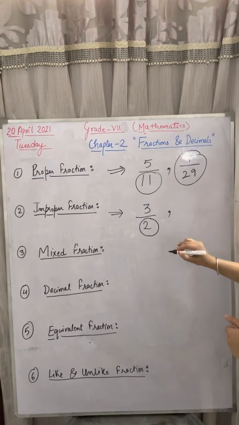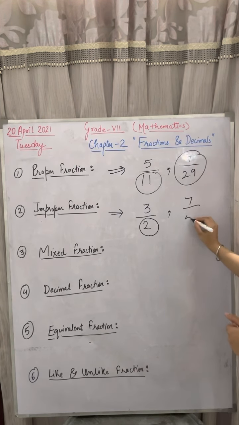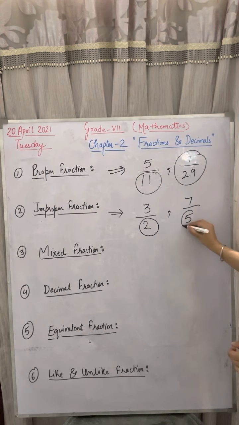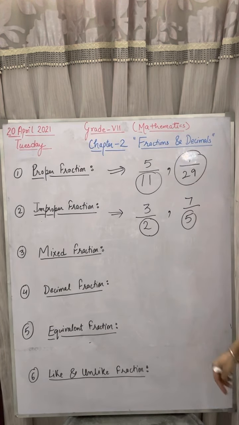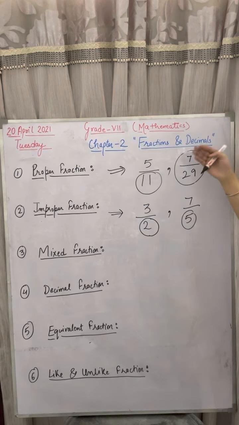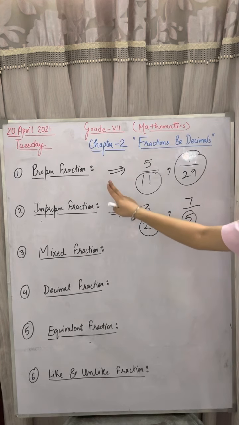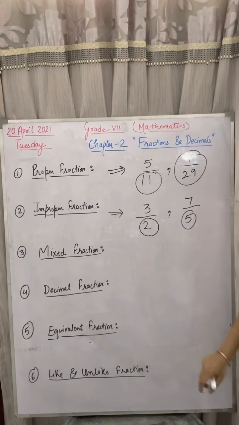Another example, suppose 7 upon 5. This is again an improper fraction, as the denominator is lesser than the numerator. Here in the proper fraction, the denominator is greater than the numerator. This is very, very important: proper fraction and improper fraction.